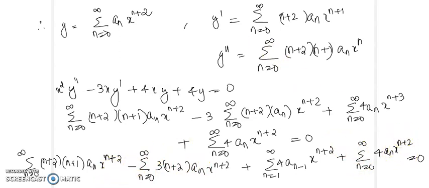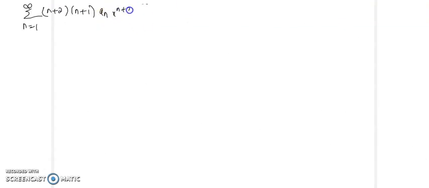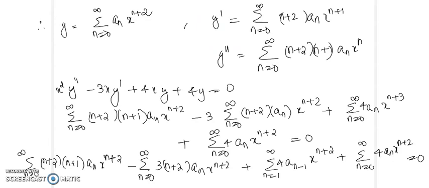So you will get summation n equal to 1 to infinity, n plus 2 into n plus 1 an x raised to n plus 2, and on the right side you will get minus 2 a naught x square, and the second series is minus 3 n plus 2 an.